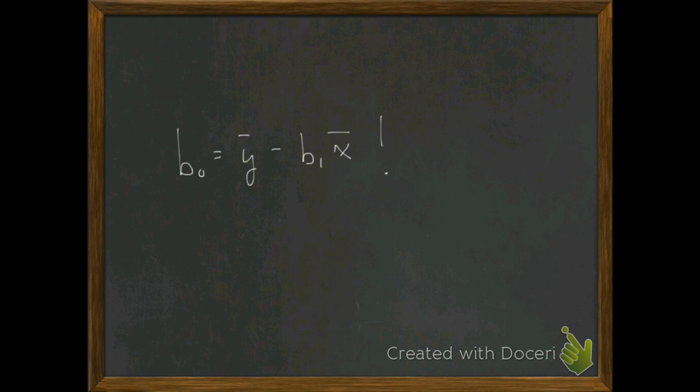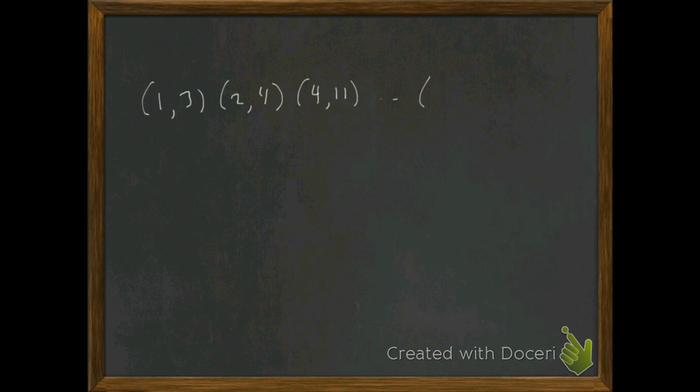But right now, if you have data, whatever it may be, and you want to find beta 0 and beta 1, what are your options?